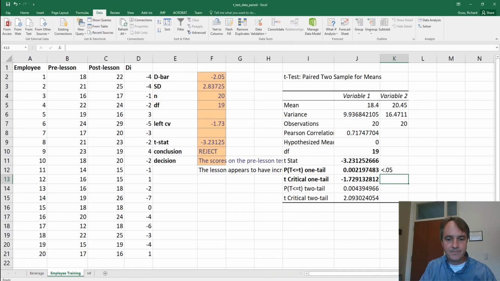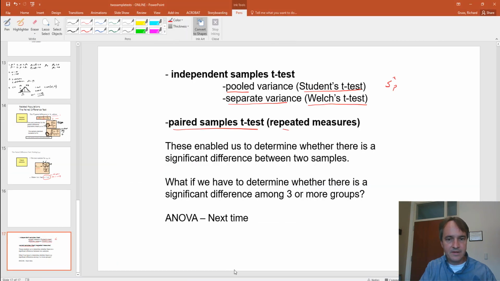All right. So just to conclude and wrap up what we've been talking about with all of these various t-tests. As a reminder, we had two different cases, depending on whether the samples were independent or paired. And within the independent, I said that we were always going to be dealing with the case where we can assume that the variances were the same, and so we used a pooled variance.